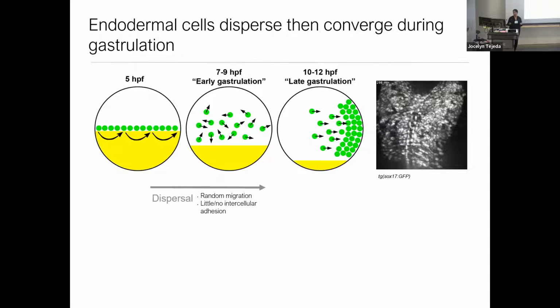So we can break down these different migration behaviors into two broad phases. So again, there's an initial dispersal phase that spreads out these cells across the inner surface of the embryo. And from work in my lab and other labs, we know that this dispersal is characterized by directionally random migration.